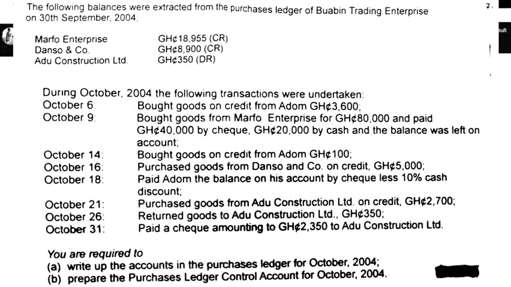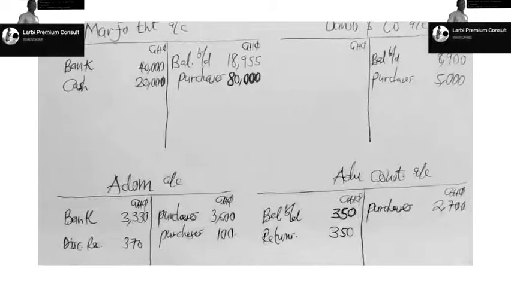Then 31st, pay a check amounting to 2,350 to Edu Construction Limited. So we pay a check of 2,350 to Edu. So now Edu is the one receiving, right? So Edu's account will be debited, and then our cash book, which is Boabin Trading cash book, will be what? Credited.